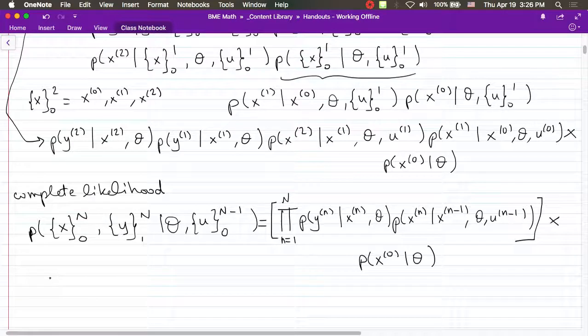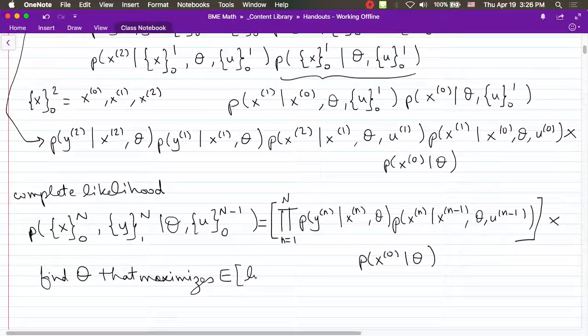So we want to find theta that maximizes the expected value of the log of the complete likelihood.